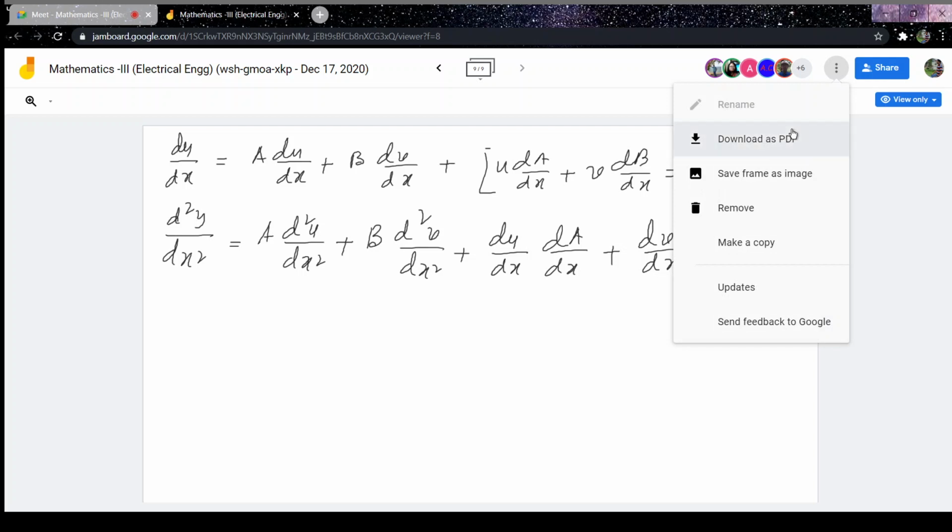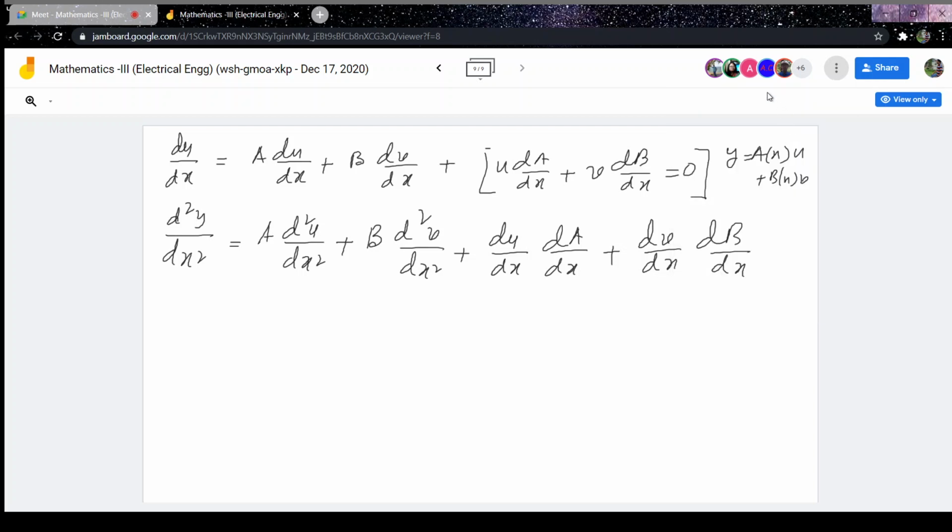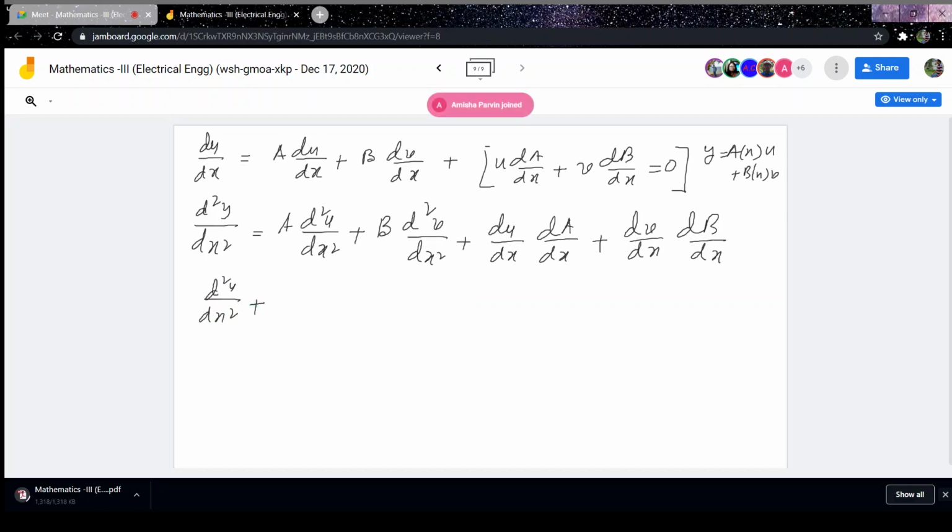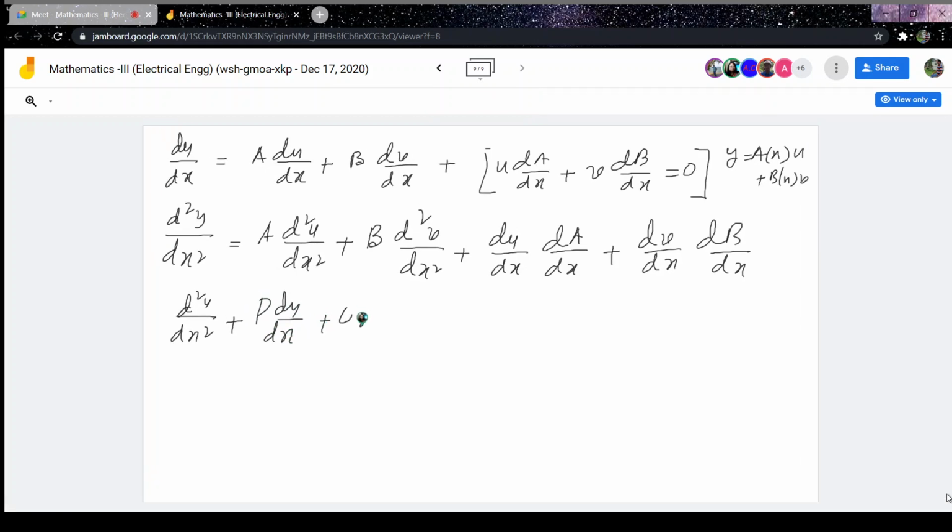My given equation was d2y/dx2 plus p dy/dx plus qy equals x. I am putting d2y/dx2 as this, dy/dx as this, and y as this, and I am summing.